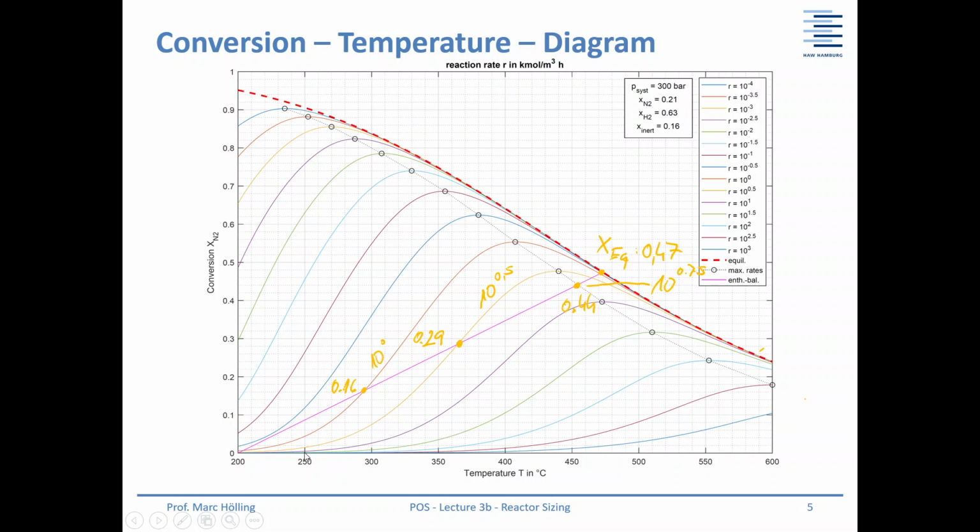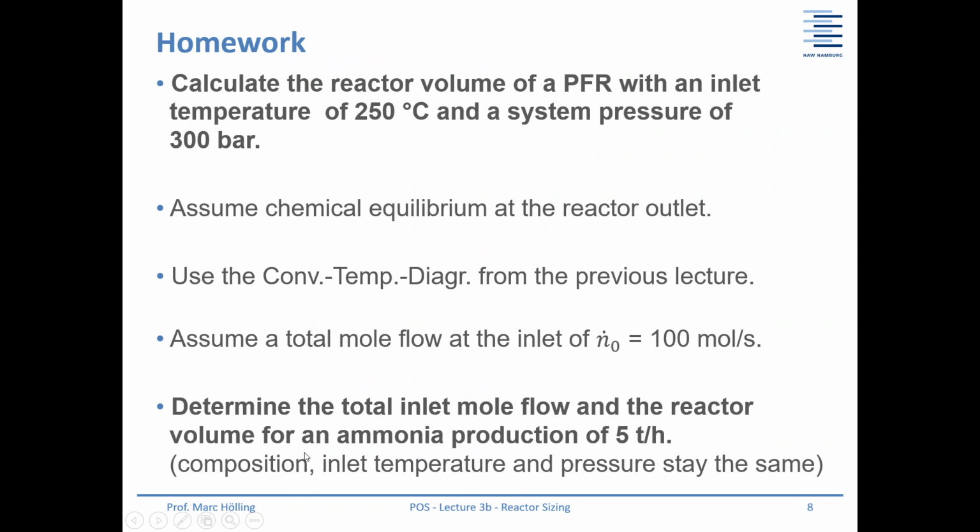You have an inlet temperature of 250 degrees. But we want to have a reactor that produces 5 tons per hour of ammonia at the reactor outlet. And for this, I want to know the total inlet mole flow and the reactor volume. Okay, this is your homework.